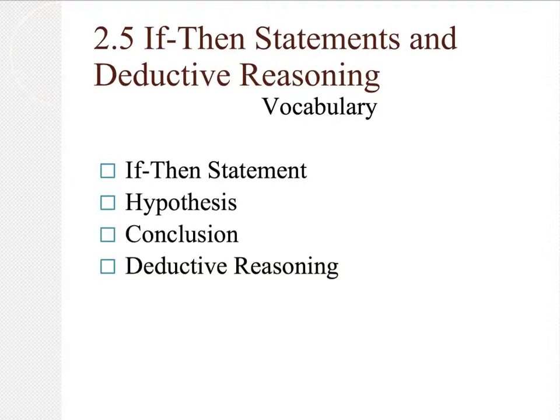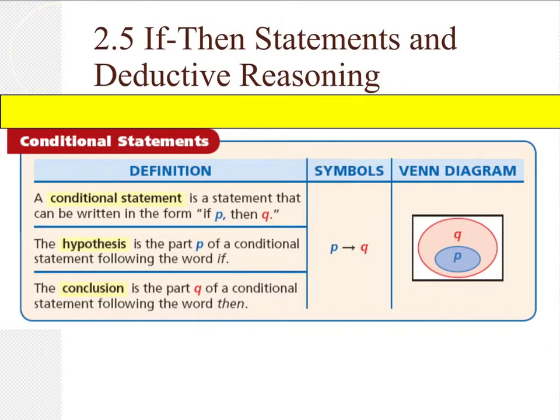First off, there are three definitions here that I would like you to write down: conditional statement, hypothesis, and conclusion. So please write that down, and then I would like you to write down the definition, so this, and the third column of the Venn diagram. So know both of those.